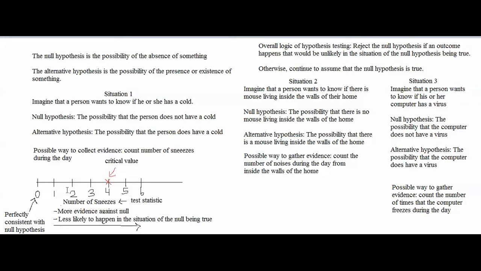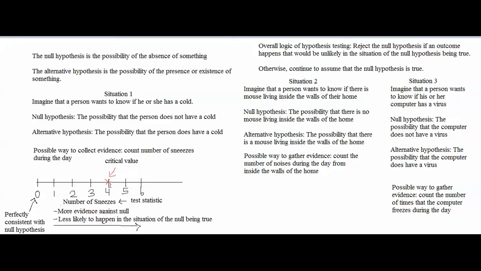But higher and higher values of the test statistic show more and more evidence against the null hypothesis. They give me more and more reason to think that I do have a cold. So when the test statistic equals 0, there's no evidence against the null hypothesis. But higher values of the test statistic show more and more evidence against the null hypothesis.